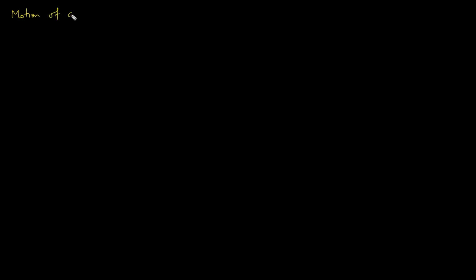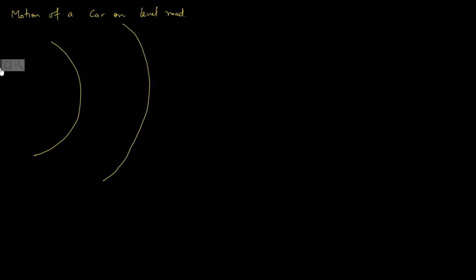Motion of a car on a level road, which is not inclined. Level means not inclined. So let's say on a level road the car is moving. Here I am not making a car, just consider this object of mass m.